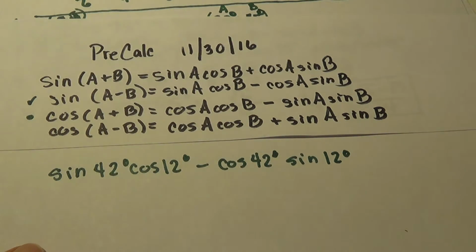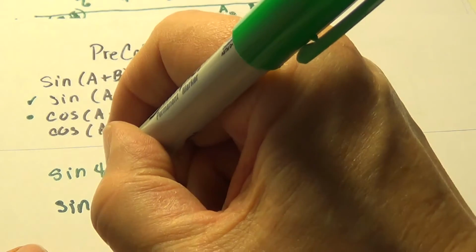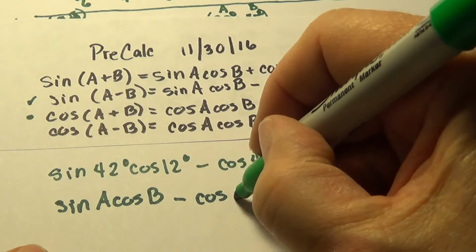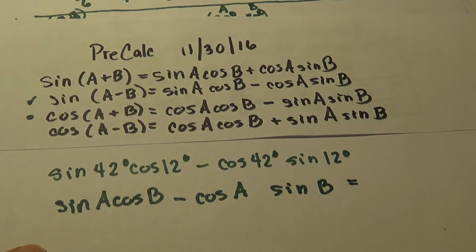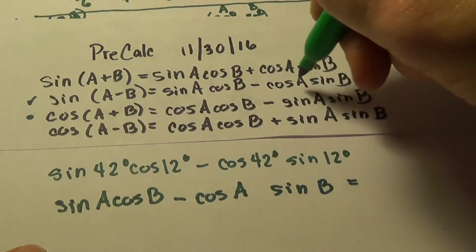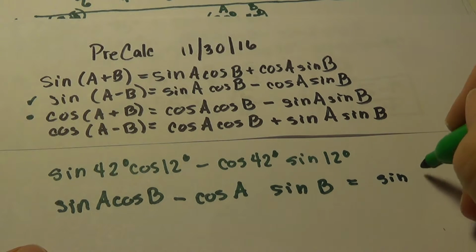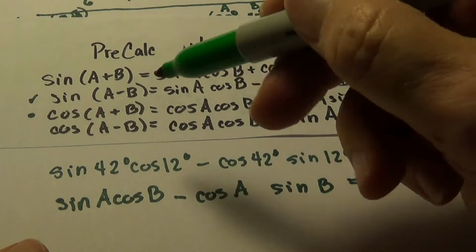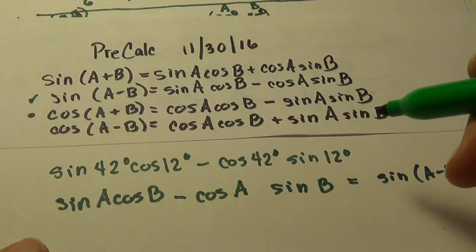So going up to the one that I just checked, we can see that sine A cosine B minus cosine A sine B equals, I'm writing it backwards because we're already on this side, sine of A minus B. All right, so I recognize my A is 42 and my B is 12.